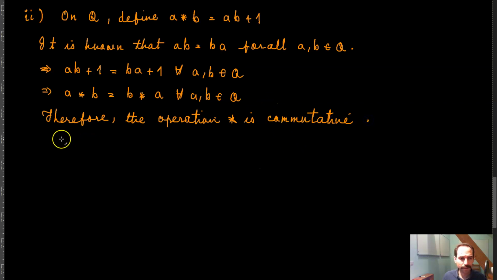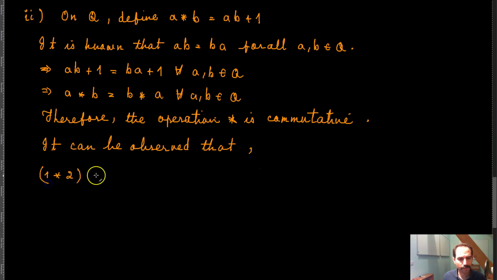And it can be observed that 1 star 2 star 3 is equal to 1 times 2 plus 1 based on what we have here. 1 times 2 plus 1 star 3, which is equal to 2 plus 1 is equal to 3.